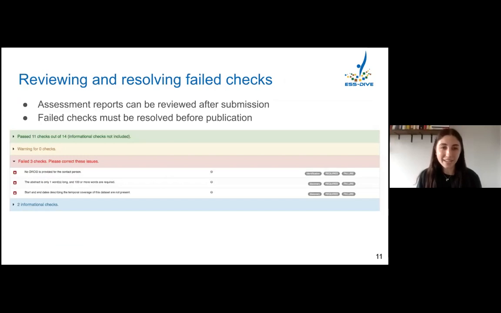Again, we highly recommend reviewing and attempting to resolve as many of these failed checks as possible, as it significantly decreases the amount of time spent in the review process and leads to faster approval of your data package. Also note that metadata assessment reports will also be accessible to data users once your data package has been published.